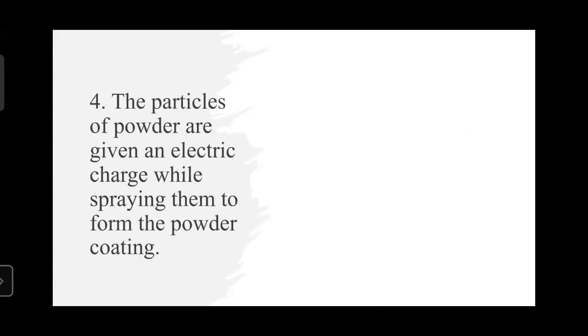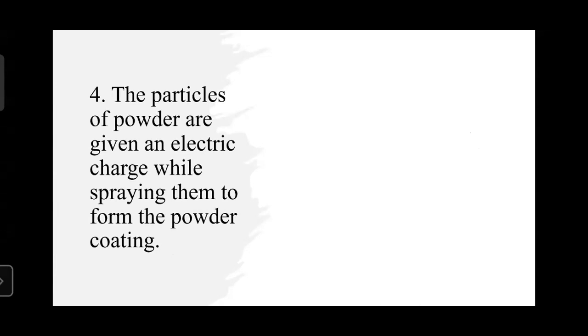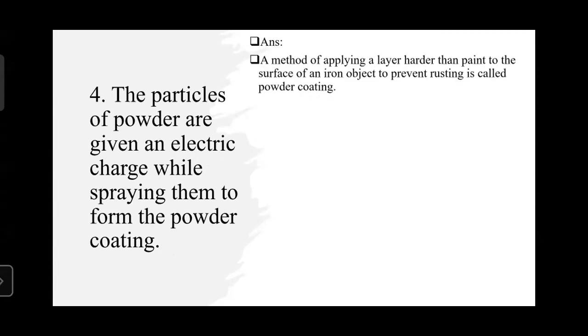Next question. The particles of powder are given an electric charge while spraying them to form the powder coating. Answer. The method of applying a layer harder than paint to any surface of iron object to prevent rusting is called a powder coating.